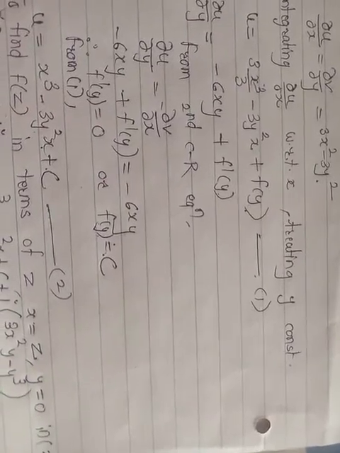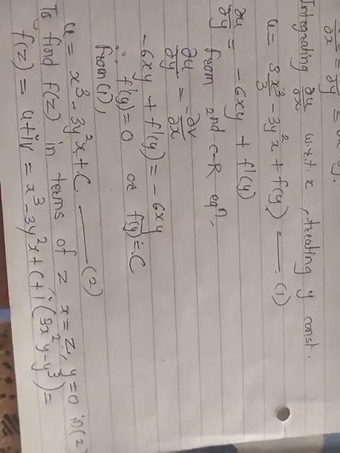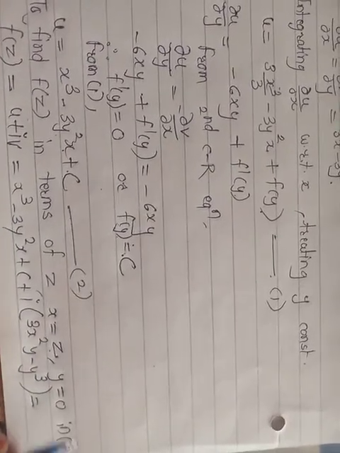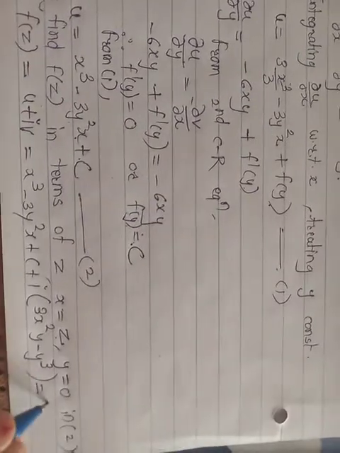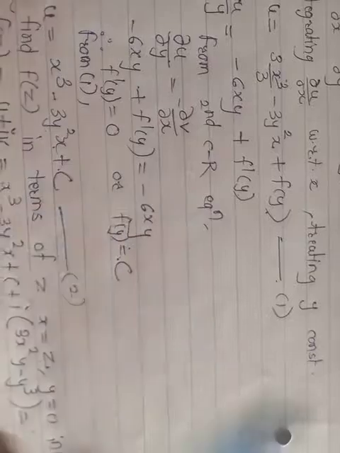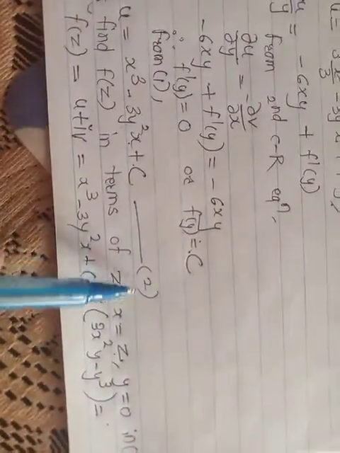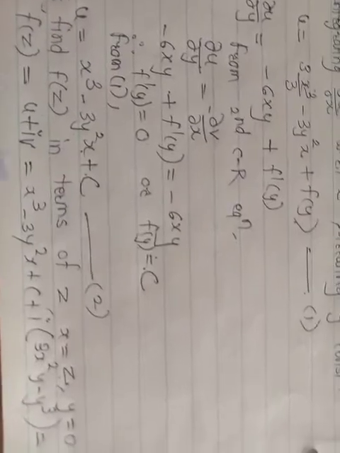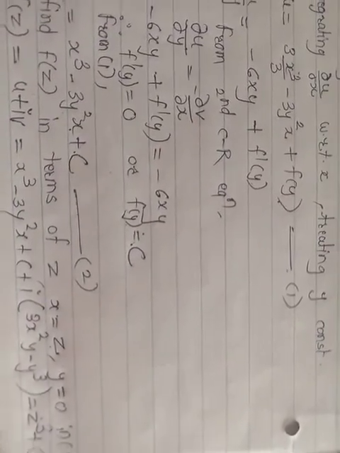So if we put x equal to z and y equal to 0, we get f of z, which is u plus iv, and this is nothing but z cube plus c.